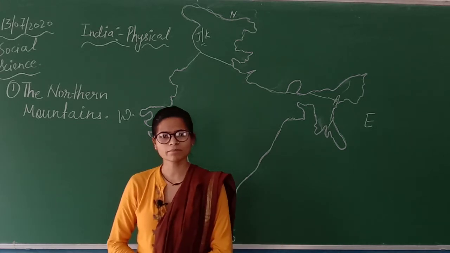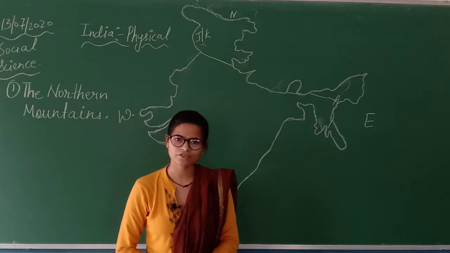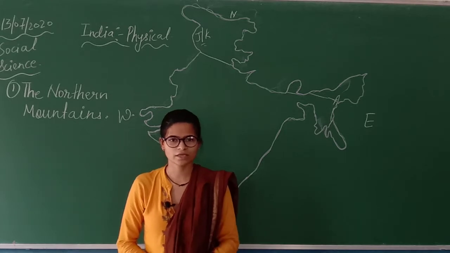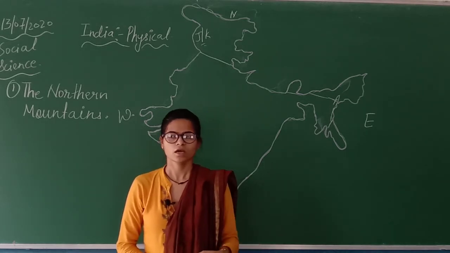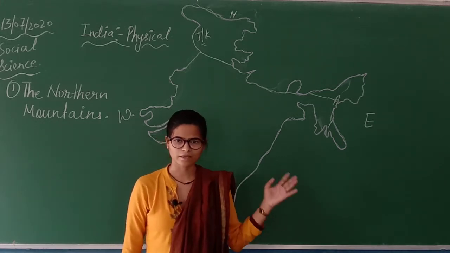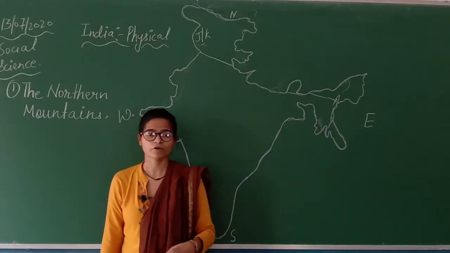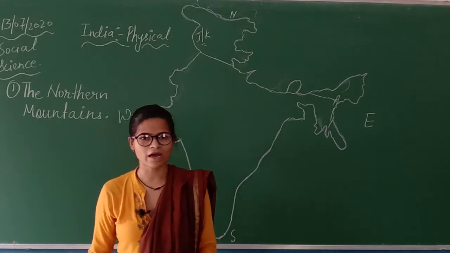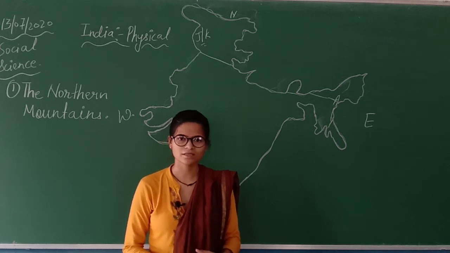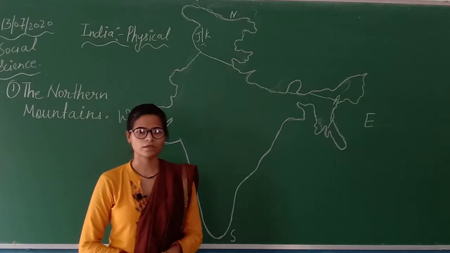Here we also have some hill stations, and those hill stations are Mussoorie, Shimla, Nainital, Darjeeling, Dhanaulti. Everybody goes to the hill stations for summer vacation, for having fun, for seeing snow, for enjoying themselves. So this was about the Northern Mountains.